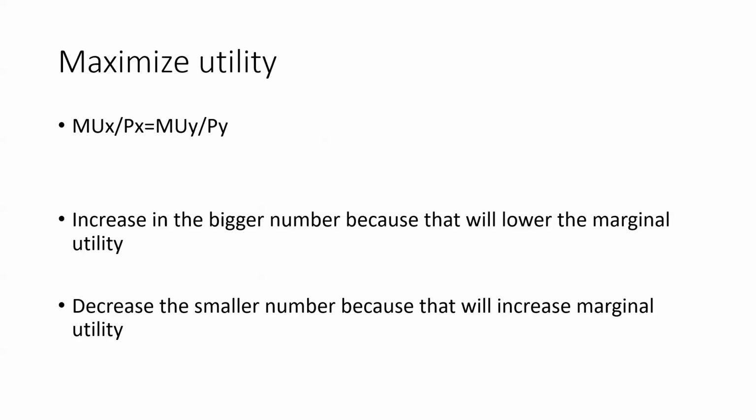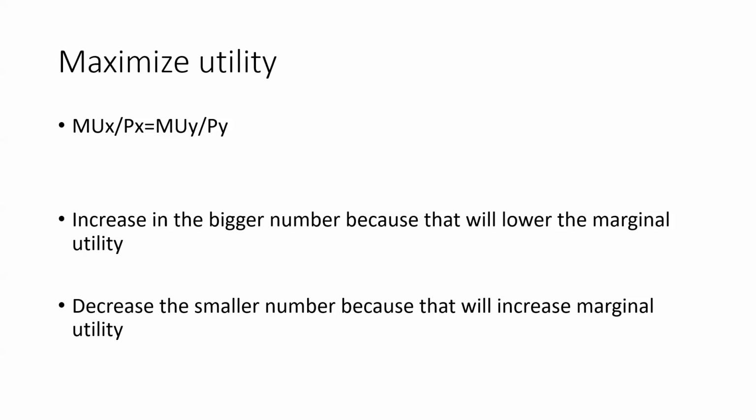So MUX over PX equals MUY over PY. Now, when I say increase, if I do this and I get 40 equals 30, I'm always going to increase the bigger number and decrease the smaller. Because if this is pizza and I increase how many slices of pizza I eat, my marginal utility goes down.